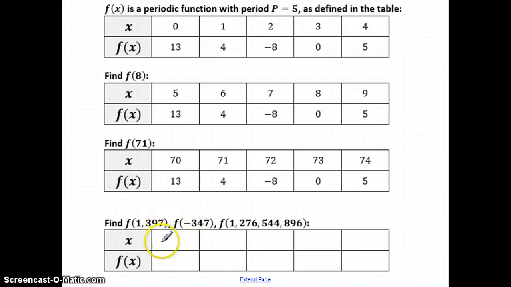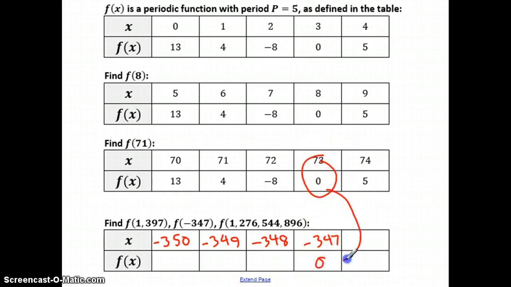And so we could start the table at -350, with again a last digit of 0 because we're going in 5s, and count upward and find that we should have the same value as the fourth entry in the table. In other words, f of -347 is going to be 0.